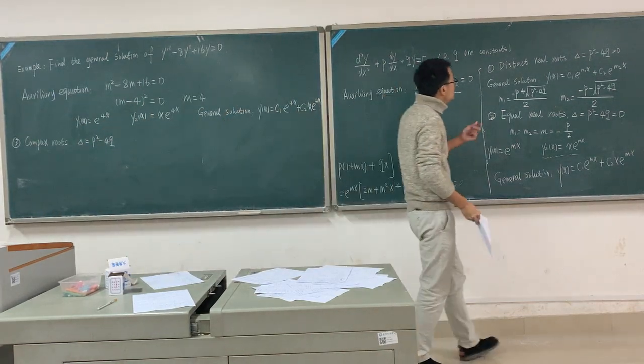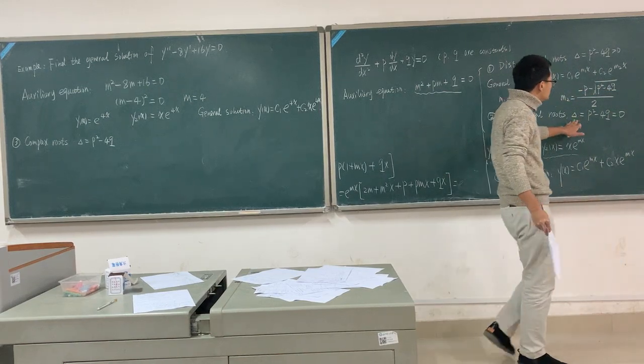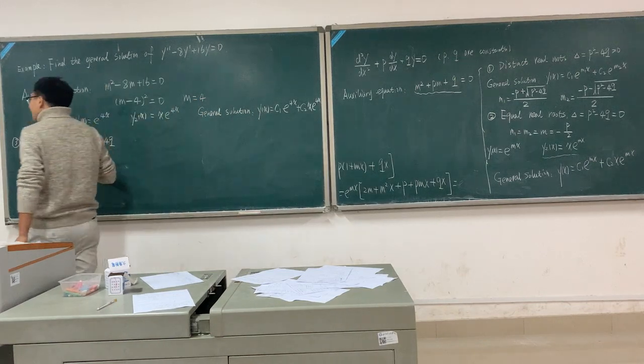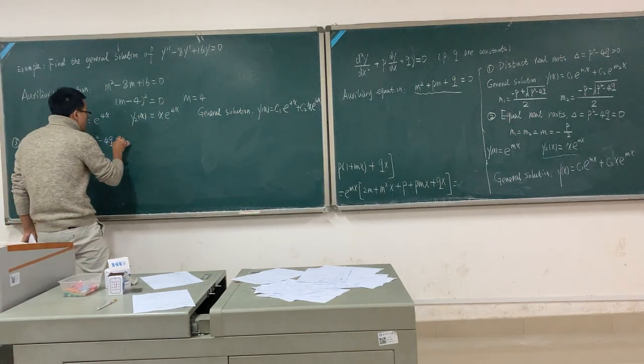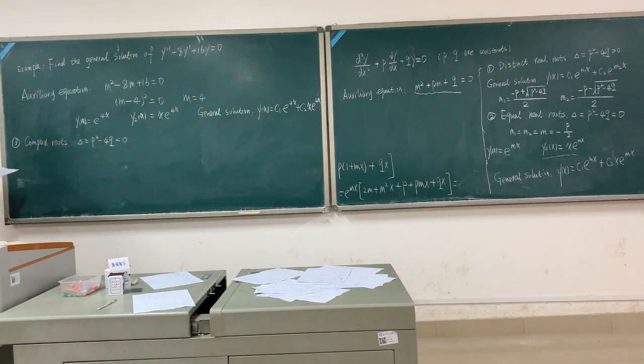The distinct real roots is delta greater than 0. The equal real roots is delta equal to 0. And for this case, it is delta less than 0.